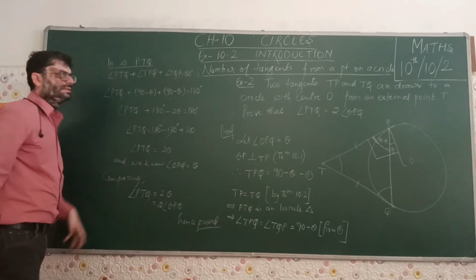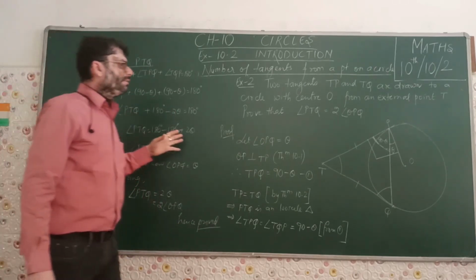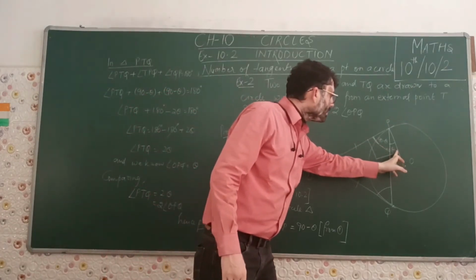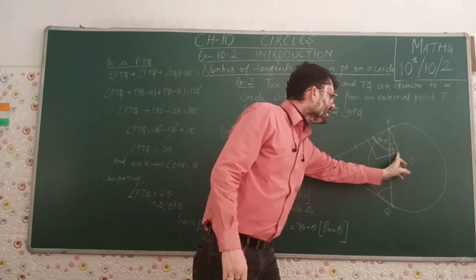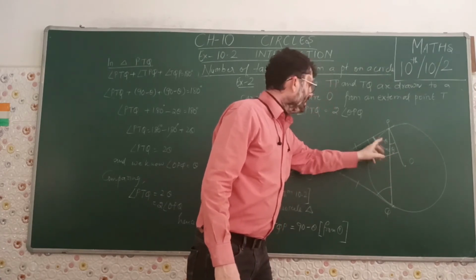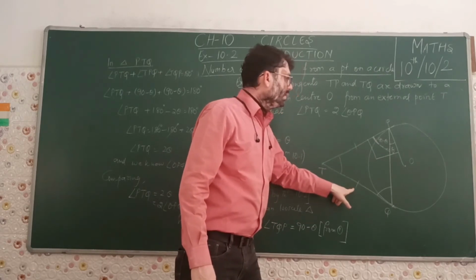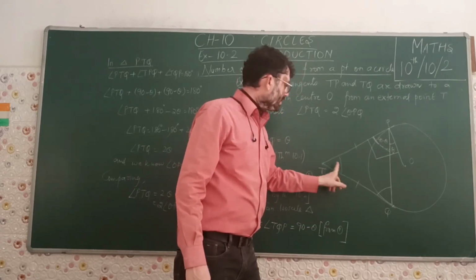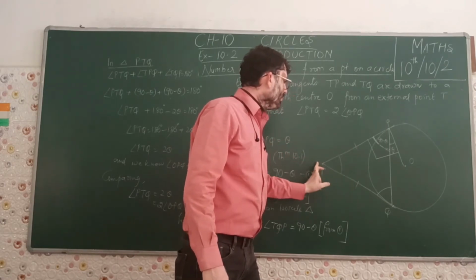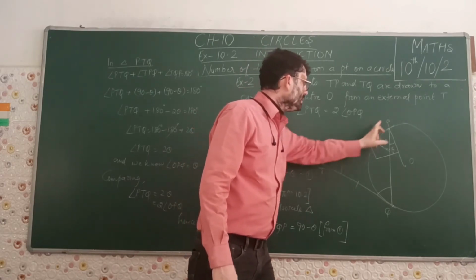So it's such an easy question where we had just, let me tell you once again, we assumed this to be theta. This total angle was 90 degrees because of theorem 10.1, so this will be 90 minus theta. Then TP and TQ are the tangents from an external point, so both are equal. As these two tangents are equal, it forms an isosceles triangle PTQ.